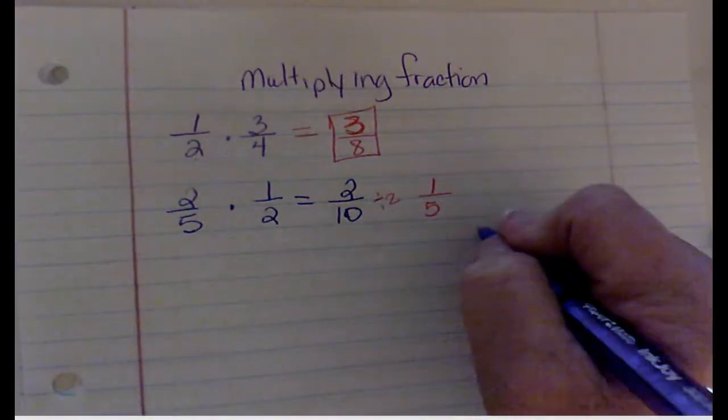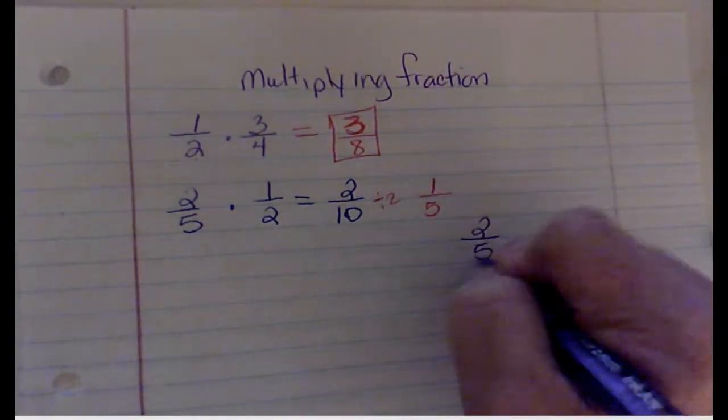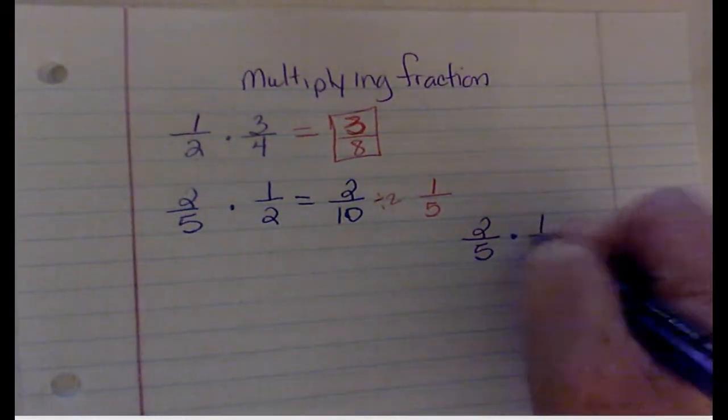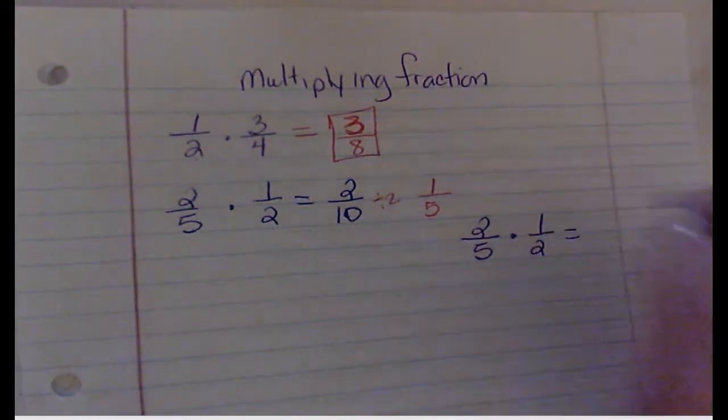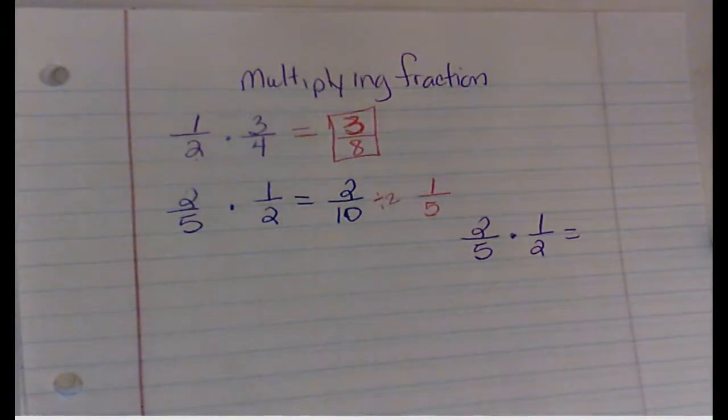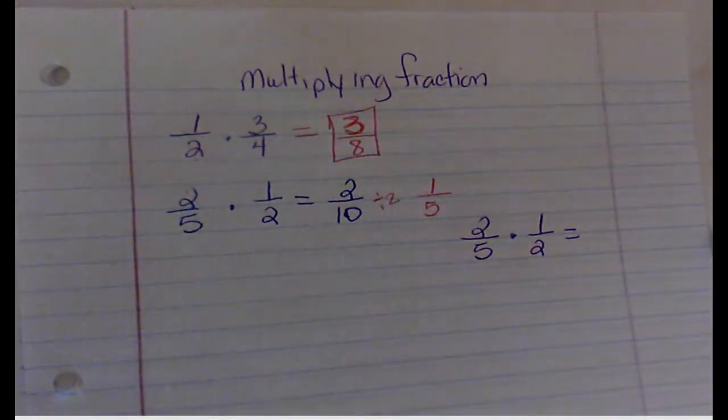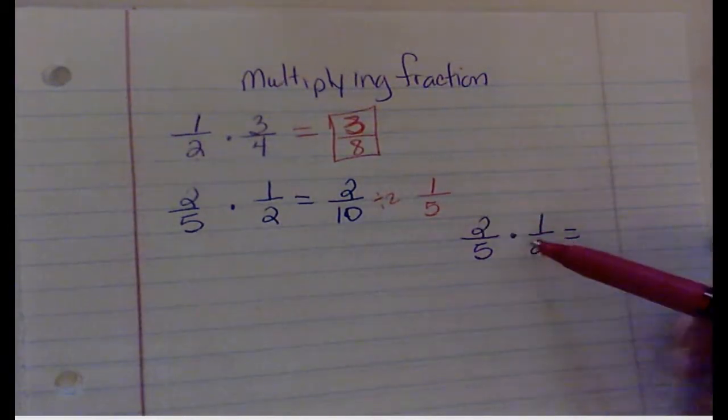I also taught in class how to cross simplify. When you cross simplify, it just makes it a little bit easier at the end, especially with the bigger numbers. What you're going to do is look diagonal, 2 and 2.